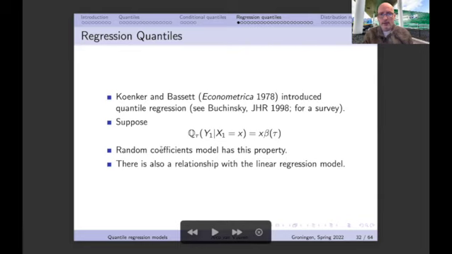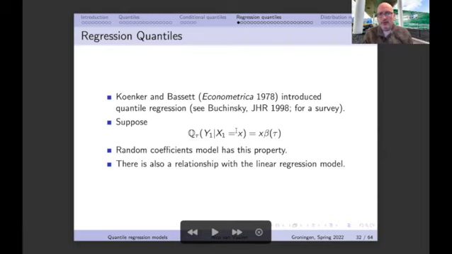We see that the random coefficients model does have this property. But take into account that Koenker and Bassett had a somewhat different view. They did not really think in terms of a random coefficients model. I don't think a lot of people looked at random coefficients models at the time of 1978.